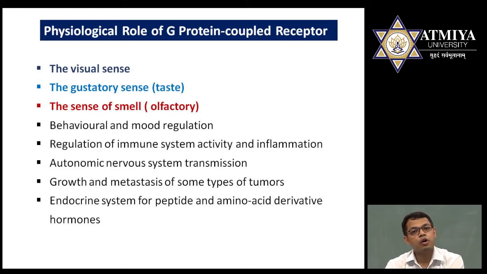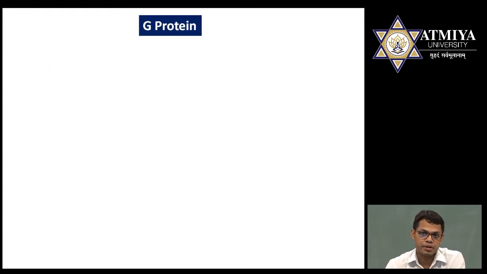These are the 3 very common examples of G protein coupled receptor. Besides this, mood regulation, behavioral control, regulation of immune system activity, inflammation, nervous system transmission, growth and metastasis, as well as in the endocrine system, especially peptide and amino acid derivative hormones, are related to G protein coupled receptors.